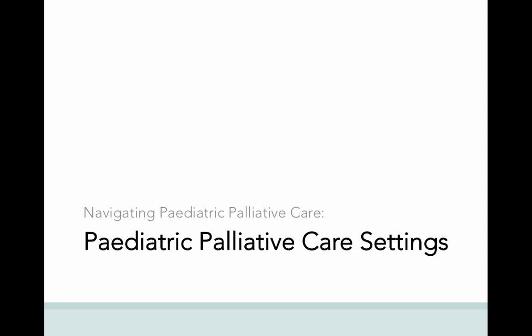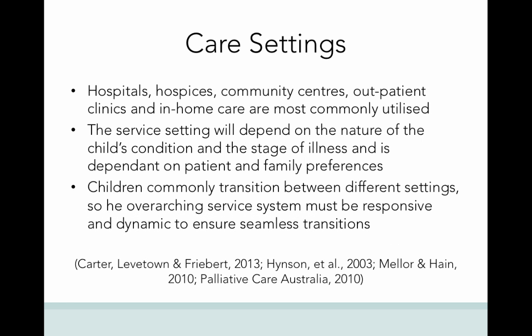Finally, we will discuss where paediatric palliative care services can be provided. Service settings most commonly utilised by children and families at the end of life include hospitals, hospices, community centres, outpatient clinics, and in-home care.